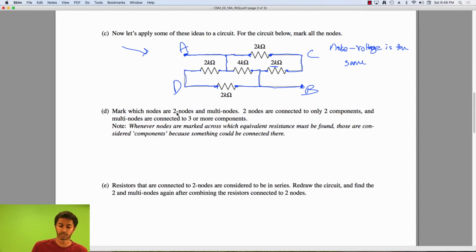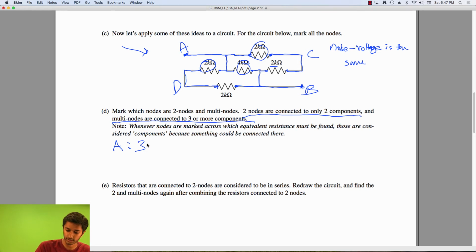Now for part D, we need to label which nodes are two nodes and which nodes are multi-nodes. So in the problem, it says that two nodes are connected to only two components. Multi-nodes are connected to 3 or more components. So now let's see how many components each node is connected to. A is connected to 1, 2, 3 components.